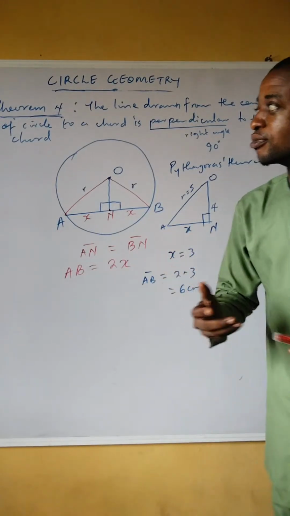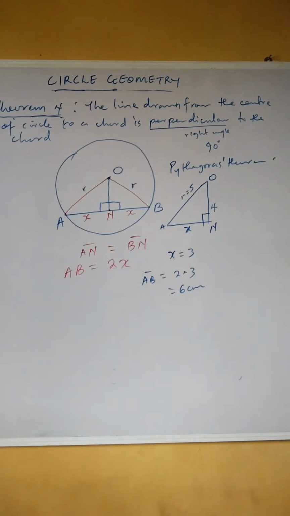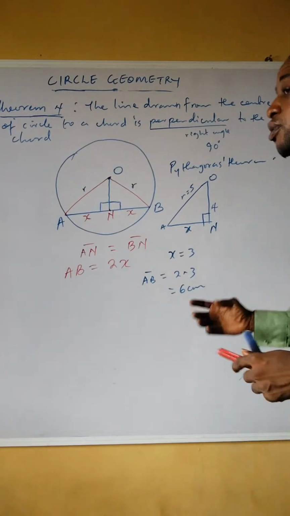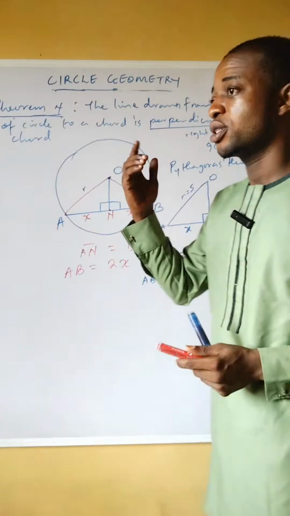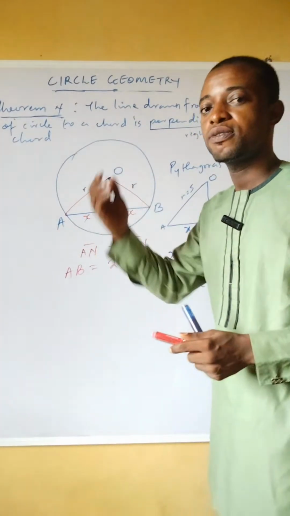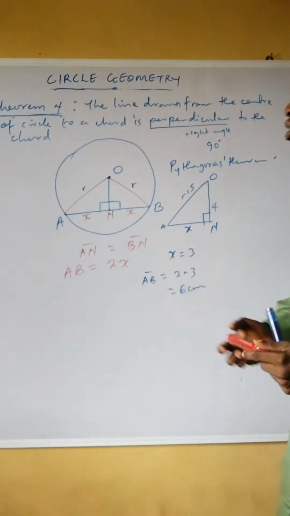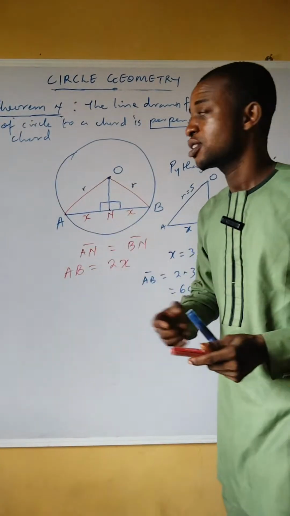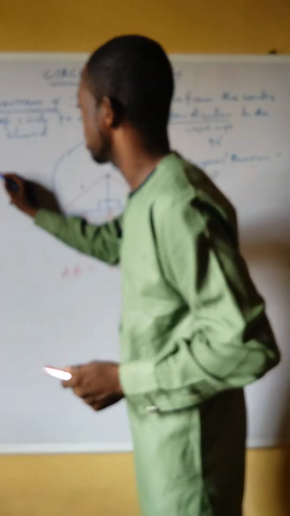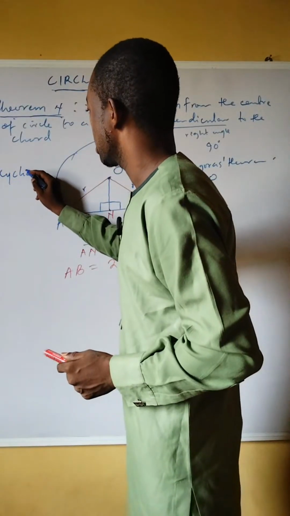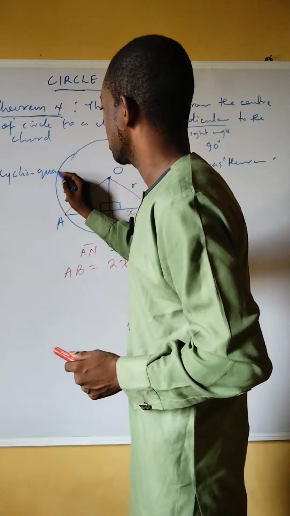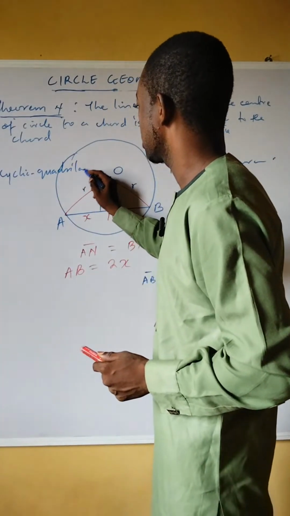So we are going to be looking at some other theorems as well and solving problems on them. So we have theorem 5, theorem 6, 7, 8, 9. And theorem 5 and 6 are on what is called cyclic quadrilateral.